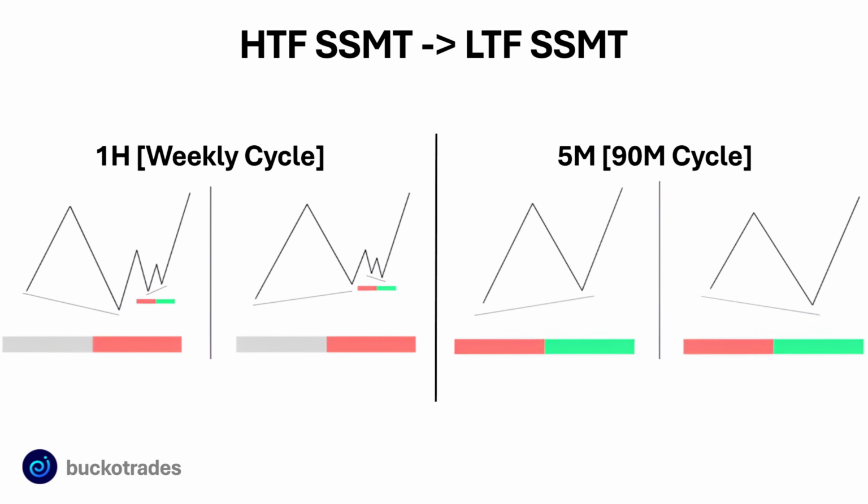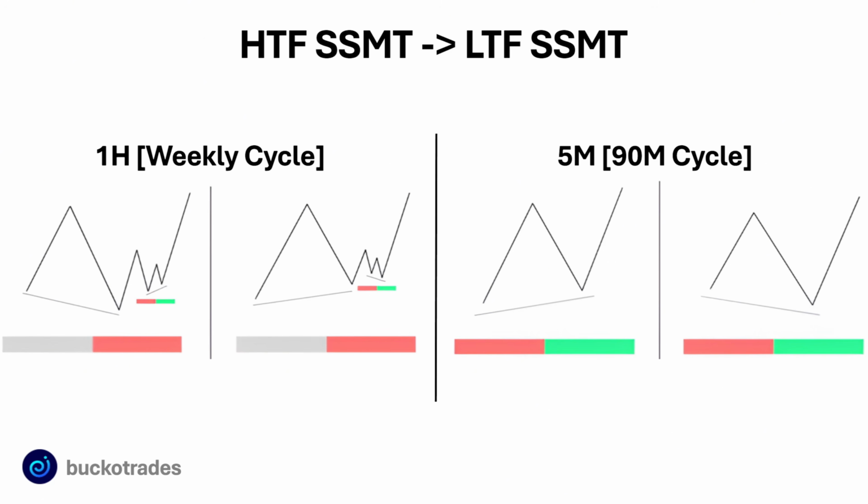And if you can't find it there, then you can drop down one time frame lower than that. So now we're going from the hourly, skipping the 15-minute because nothing is there on the 15-minute, and dropping down to a 5-minute. Of course once we're looking at the 5-minute time frame, this means we are viewing the 90-minute cycle.